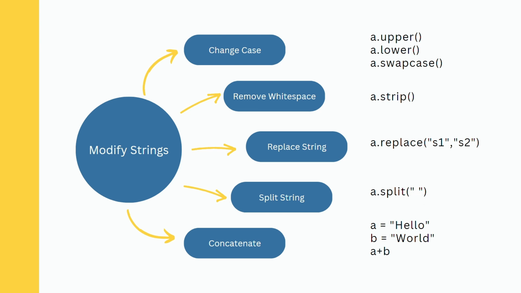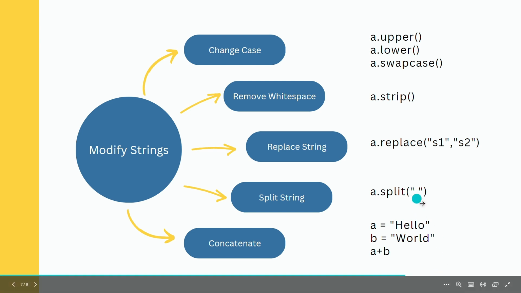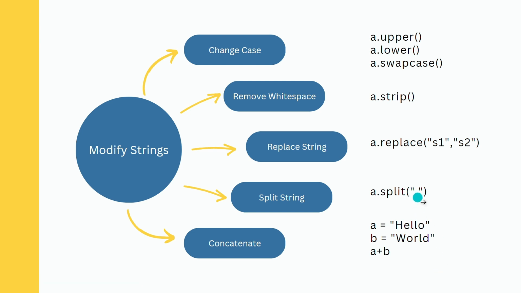For example, if you are given a sentence and you need to get each and every word of that sentence separately, you can just split it based on the space, because when you're writing a sentence you'll give a space after each and every word. Like I've written over here a dot split and in double quotes I have given a space in between. It means that wherever there is a space, it will be divided into the elements of a list.